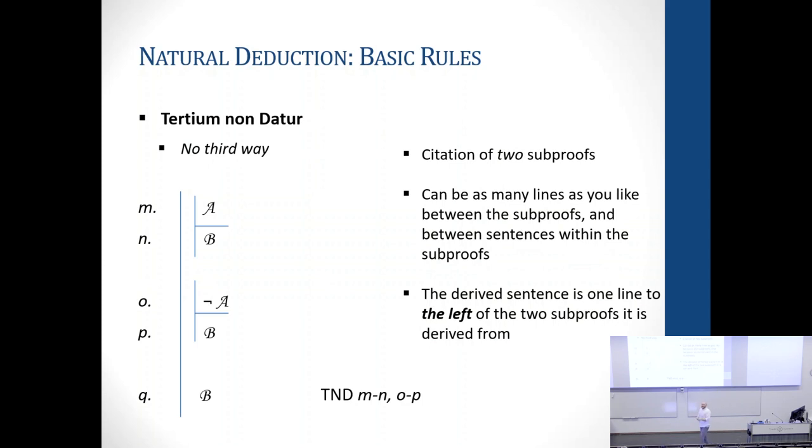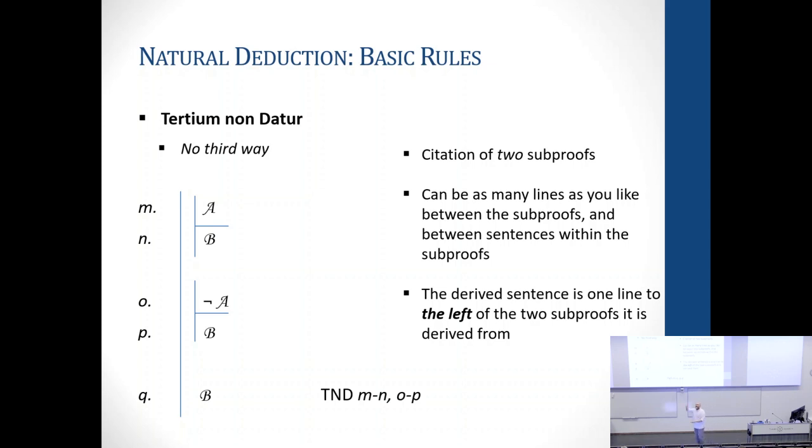So we know that for every sentence, it's either true or it's false. So what tertium non datur says is, hey, assume a sentence is true. If you do that, and you can get to some results, but you can also assume the sentence is false and get to the exact same result, then it doesn't matter, that result must be true.